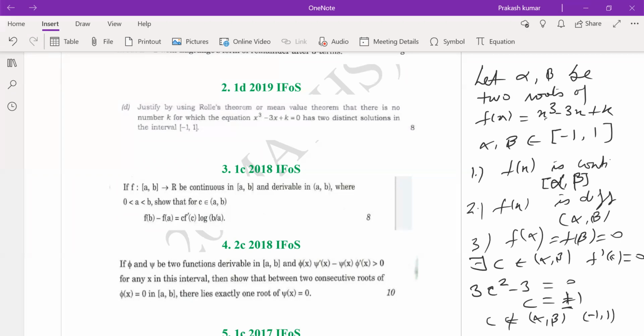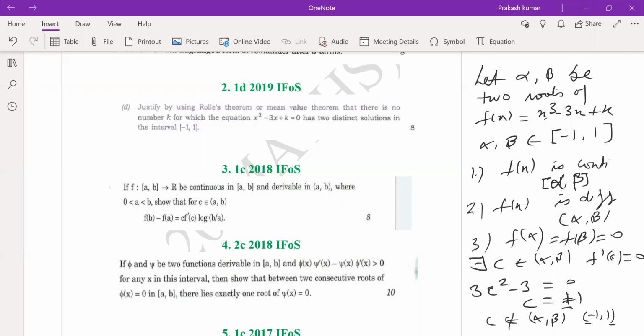But c is ±1 and this is an open interval, so 1 and -1 are not included. So we have reached a contradiction. Even though all the conditions of Rolle's theorem are satisfied, we are still not able to find a c between alpha and beta such that f'(c) = 0.